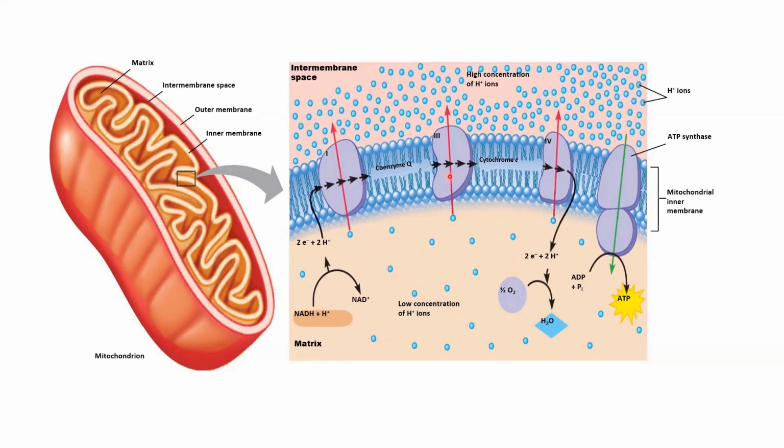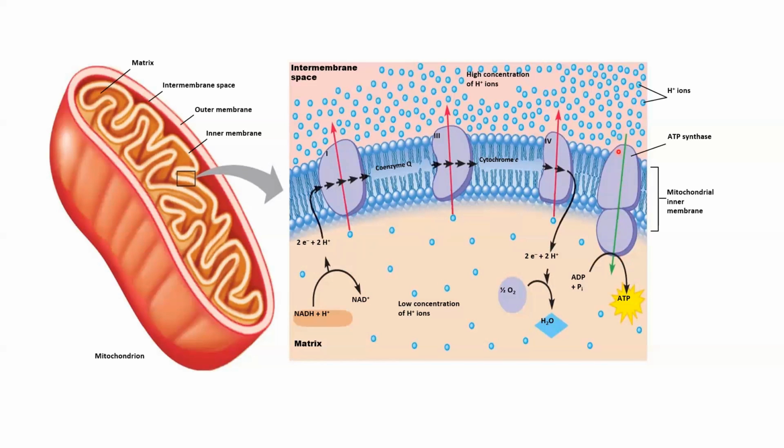The red arrows here mean that they are moving against their concentration gradient. So typically, molecules like to move along their gradient, so from high to low. In order to move them against their gradient, we're going to have to put this energy in, and that is what the electrons are doing.